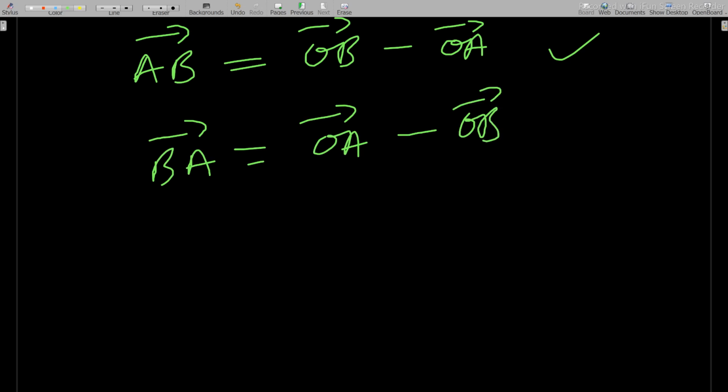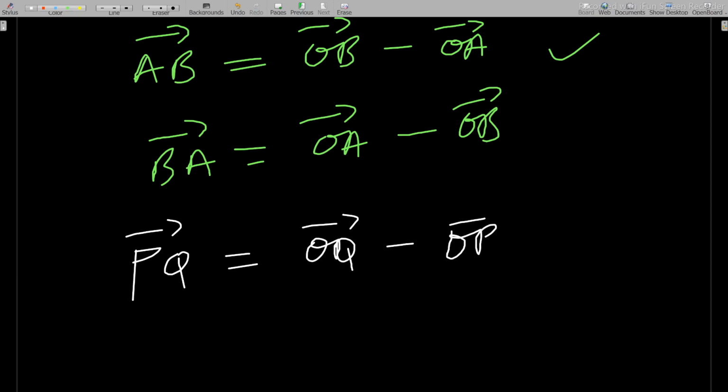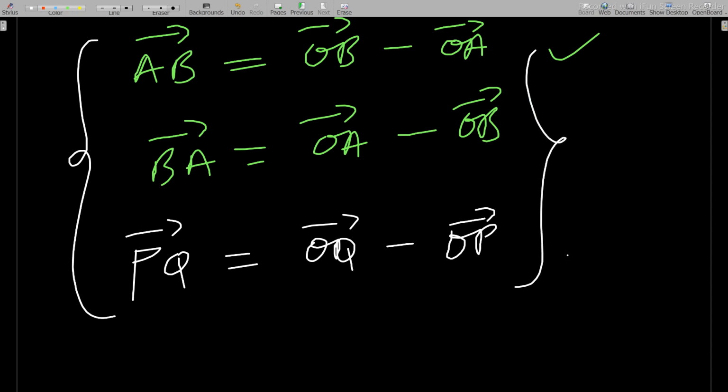So it's as if the last one minus the first one, that is how it works. If I give you vectors PQ, this will be equal to OQ minus OP. So just keep these formulas in mind, and they will always work for you.